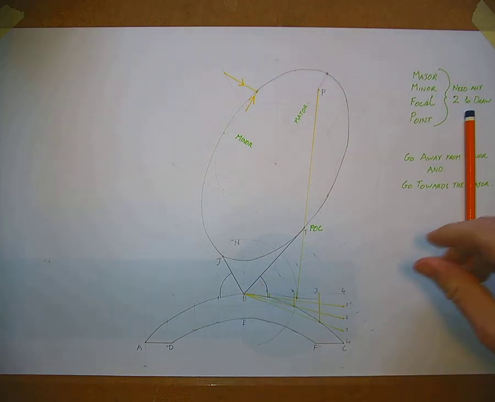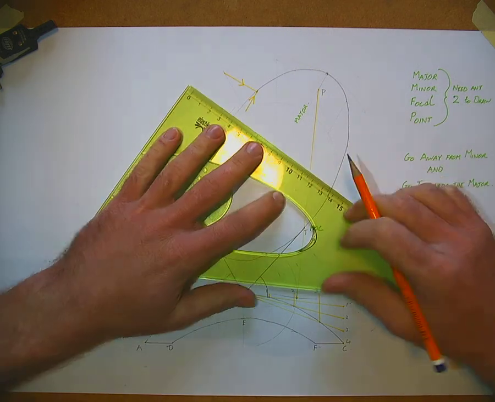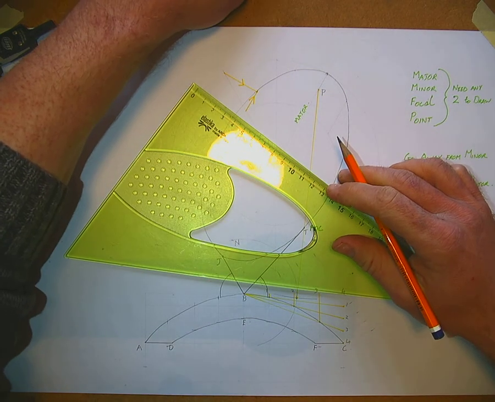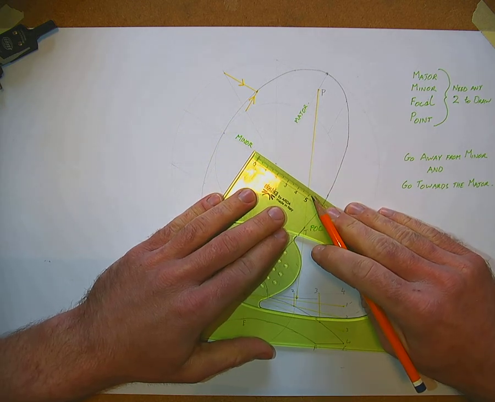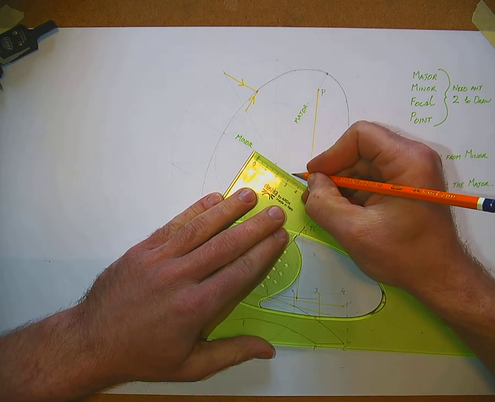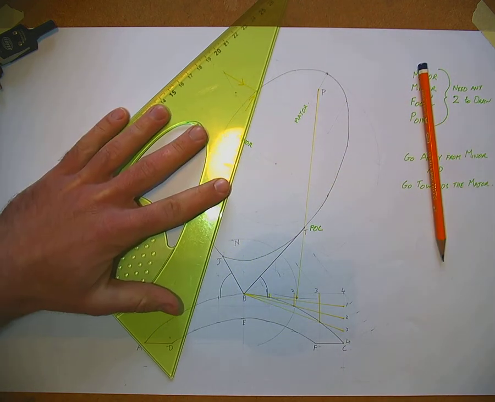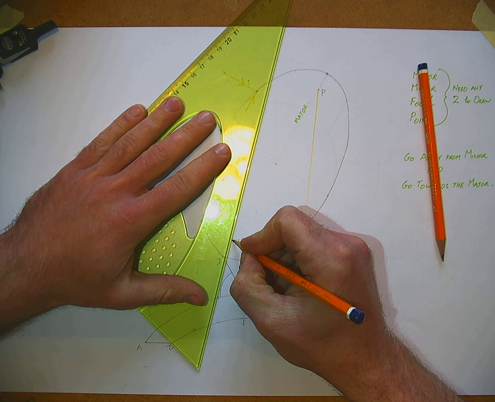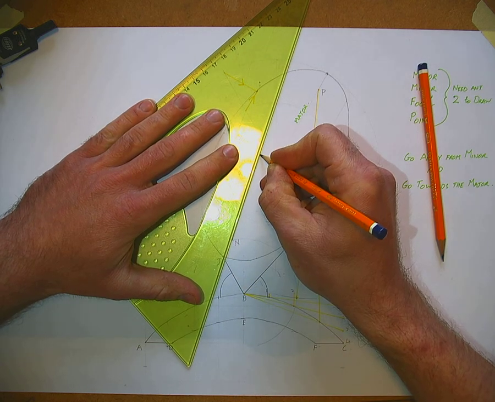Now the next thing is, for this point here, we have our points joined back to it. So each side of the centre of the ellipse, we go 15 millimeters each side of the centre of the ellipse, and we join those points back to your focal points, I should say.